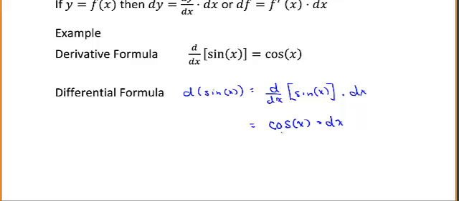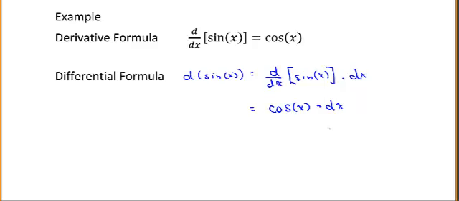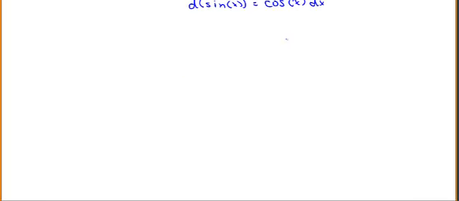Remember, this dx represents an increment, so we have the derivative times an increment here, and so d sine of x is equal to cosine of x dx.